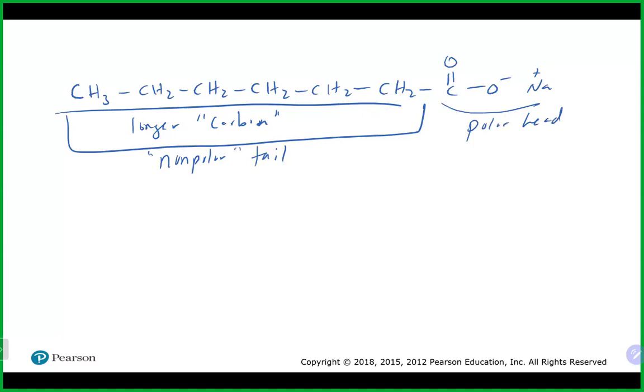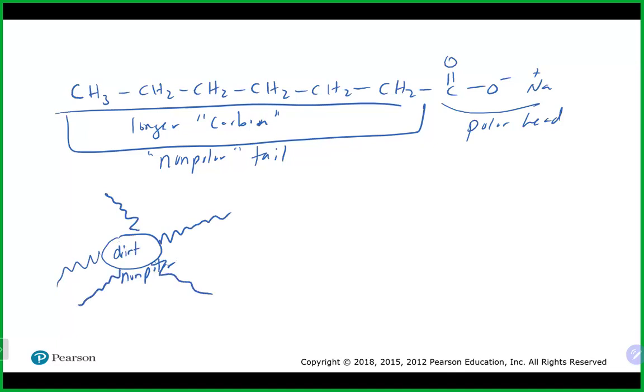And because it has both of these parts, that's what actually makes soap work very well. And that's because when you have something like dirt, dirt is essentially nonpolar. So what happens is when you put soap on, the nonpolar part, I'll just use these squiggly lines to represent the badly drawn carbons and hydrogens there.